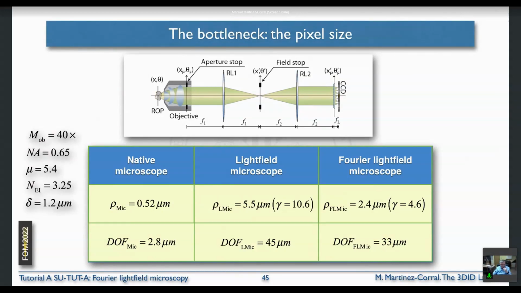For example, if we could change this 2.2 to 1.2, you could see that this 3.4 would move to 2.4. So Fourier Lightfield microscopy is quite sensitive to the pixel size. Future development of Fourier Lightfield microscopy will be associated with the possibility of using sensors with smaller pixels. So this is the way.